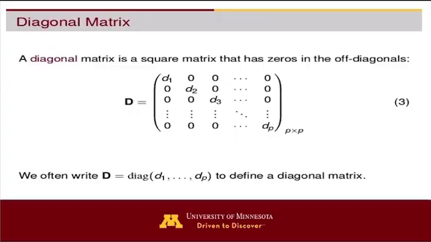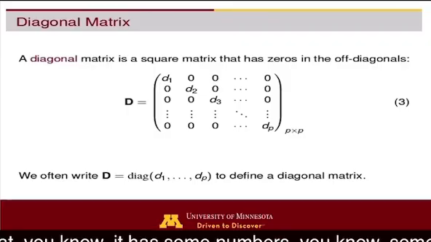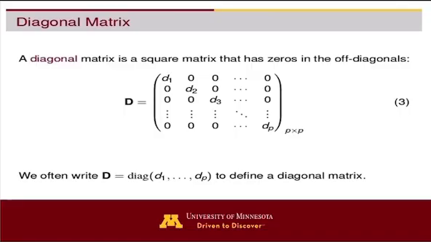A diagonal matrix means I have a matrix that has some numbers in the diagonal, but all numbers in the off diagonal are zeros.